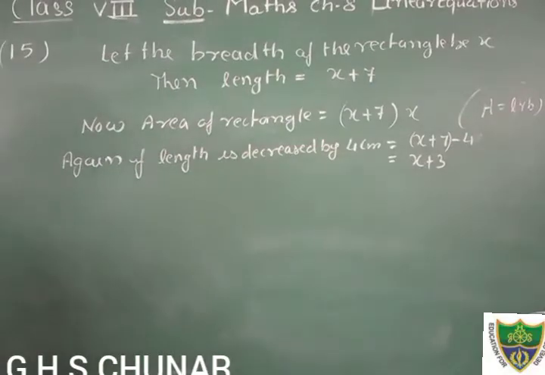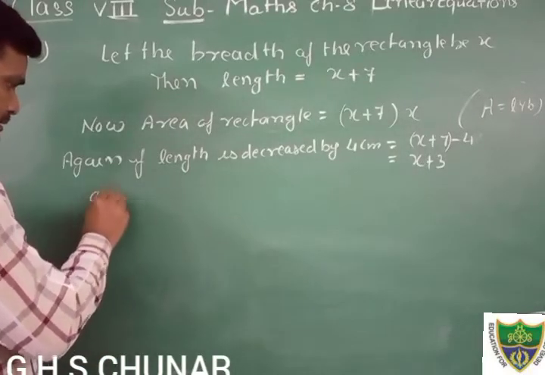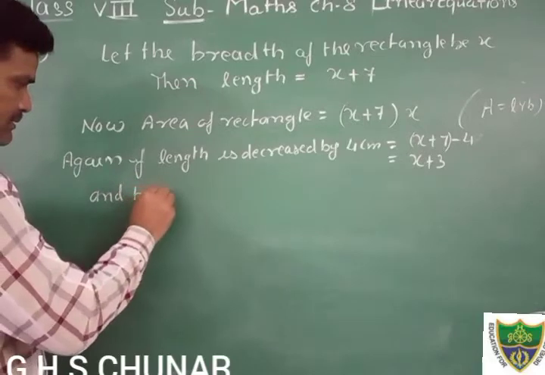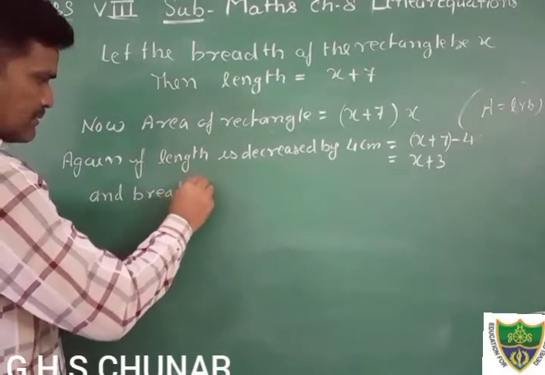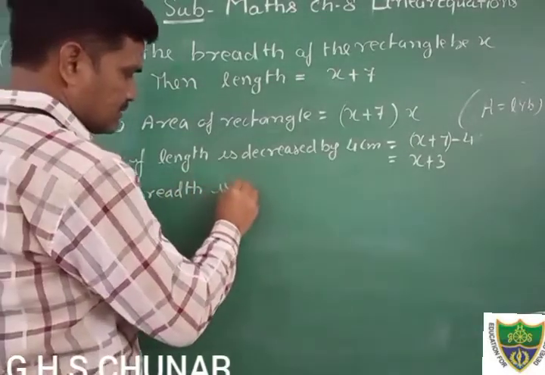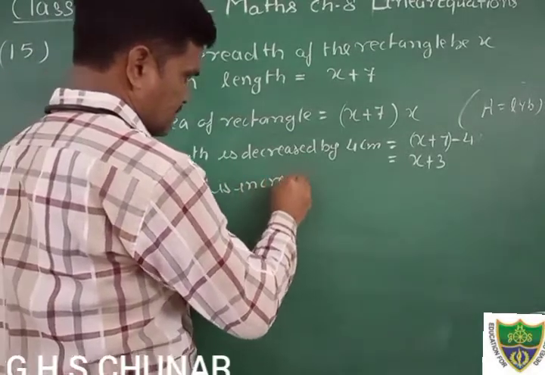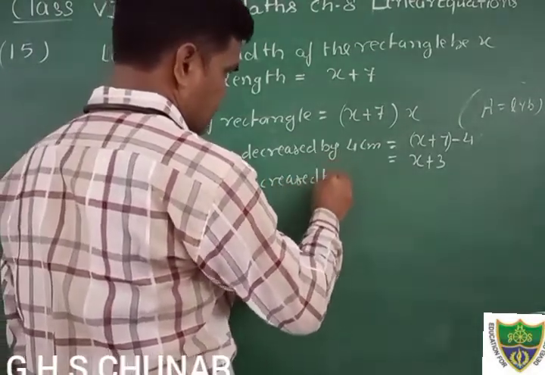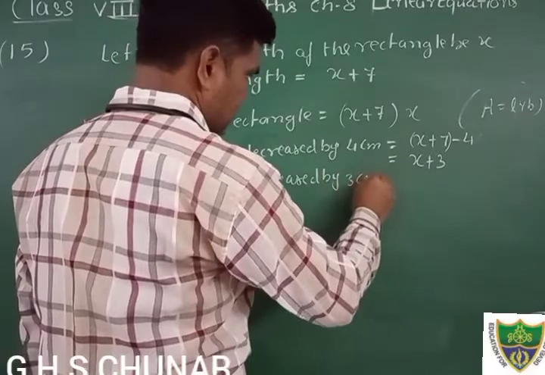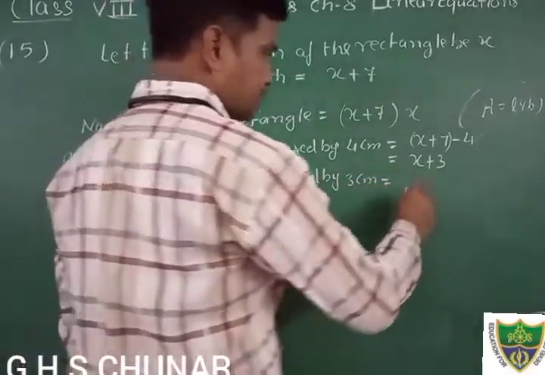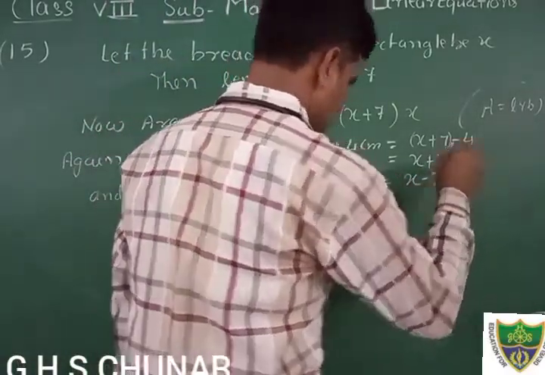And next it is given that the breadth is increased by 3 cm, that is x minus 3.